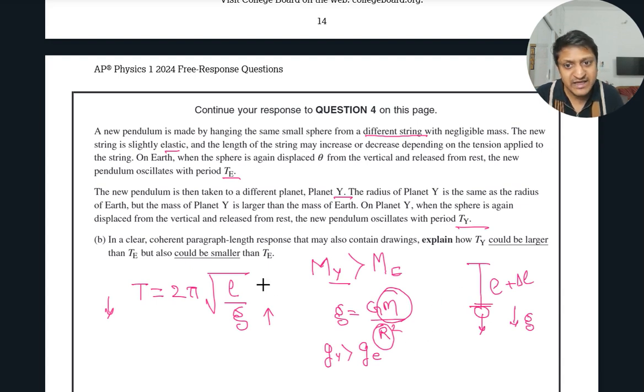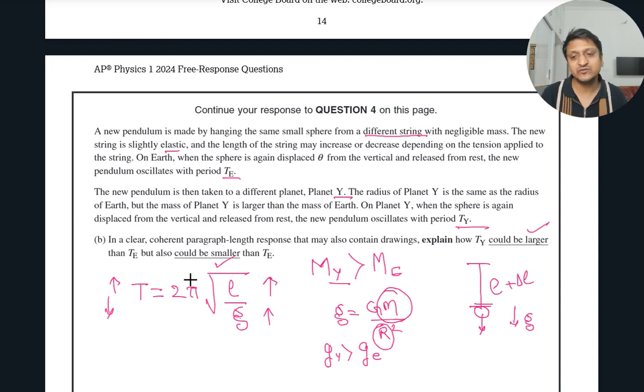Due to the more length, the time period will be more, because with more gravity the time period is less, but with more gravity the length will increase, and with higher length the time will increase. So this doesn't clarify whether the time will be more or less. So it could be larger or smaller.